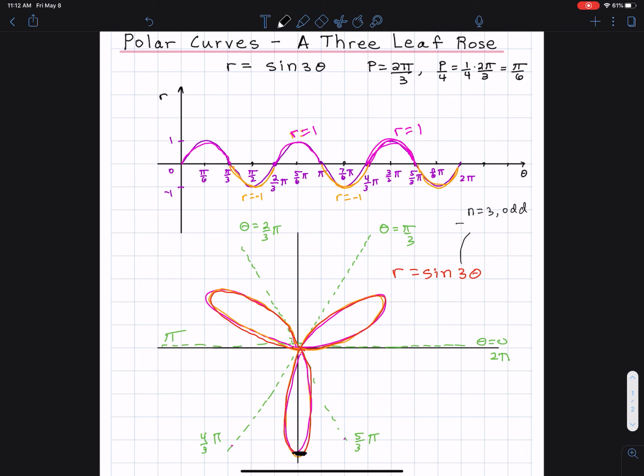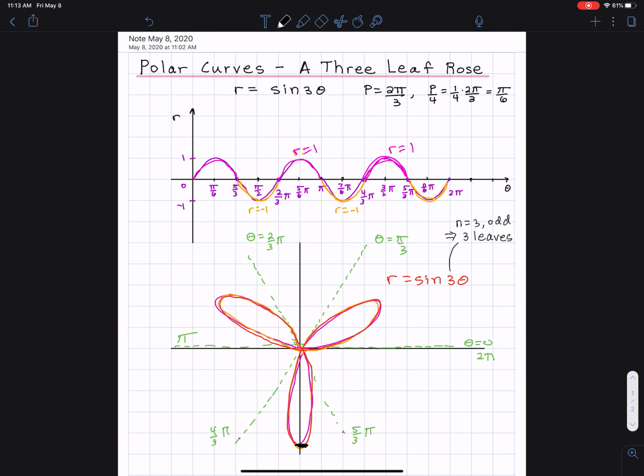And when you have an odd number there for these rose type figures, not for all curves, then I'm going to have that many leaves. So if it's an odd number, like 3 is, then that's 3 leaves. If it's an even number, like 2, if it had been 2 there, then it would be 2 times 2, which is 4 leaves. All right, so that does that.